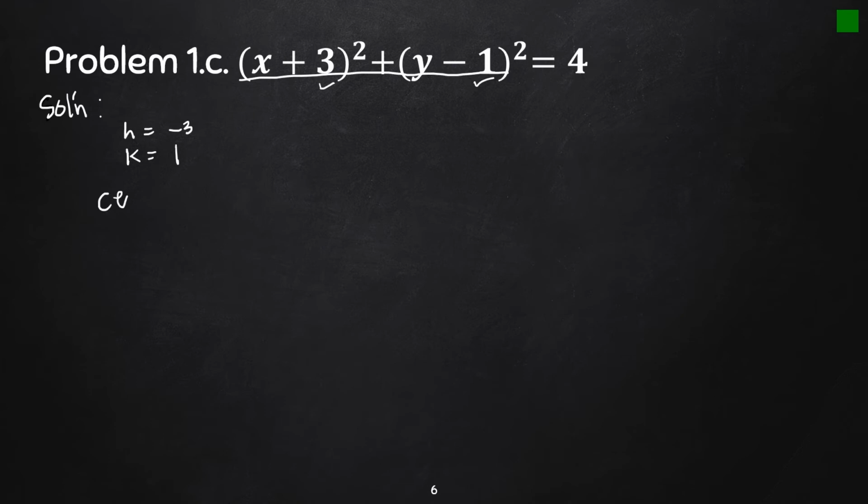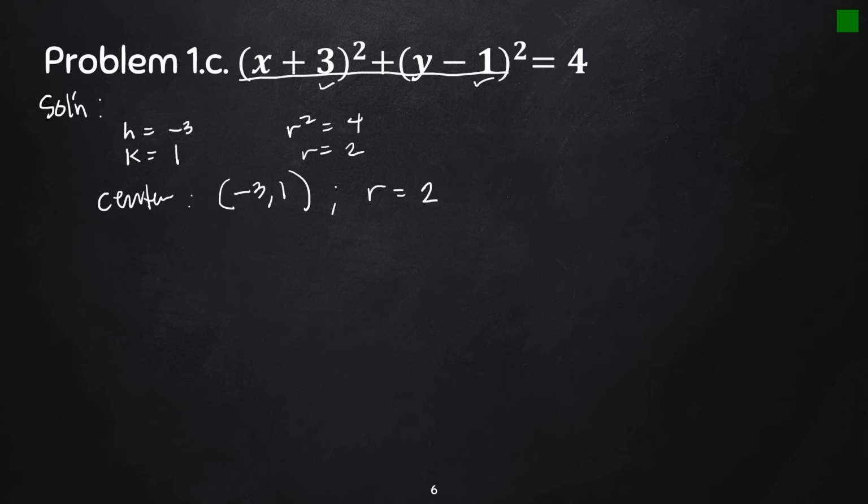So the center of our circle would be at (−3, 1), and the radius of our circle is 2 because r squared is equal to 4, therefore r is equal to 2. We take the positive root of that, because we're talking about the radius of the circle and it should be greater than 0. Length is always positive.